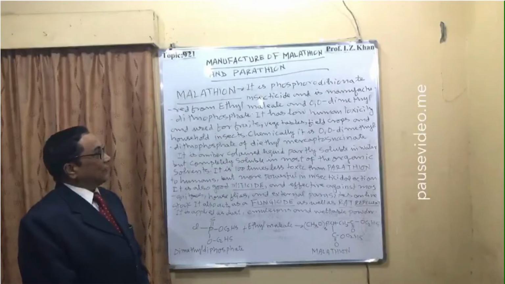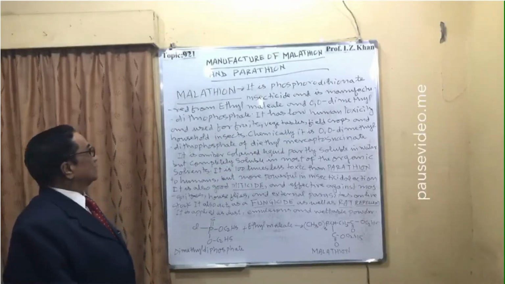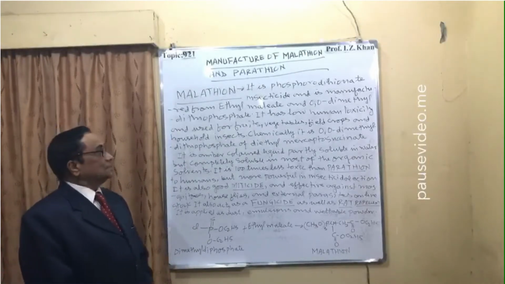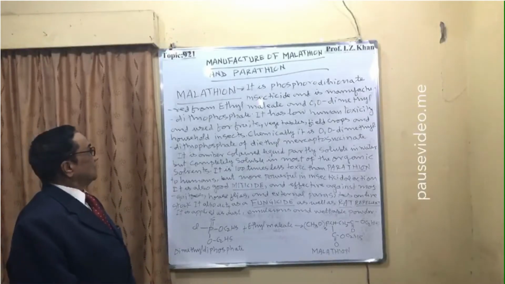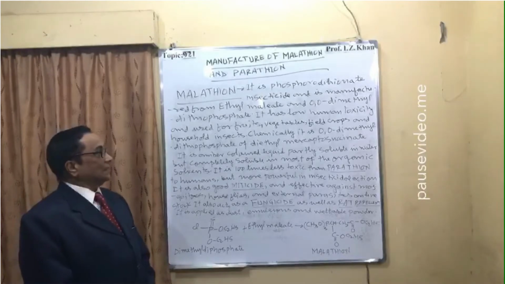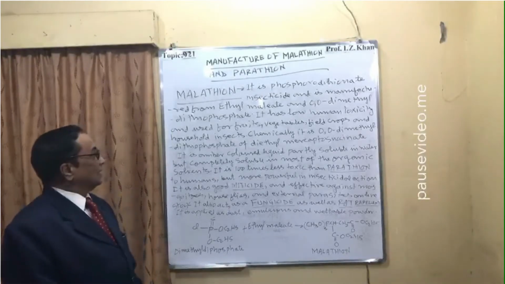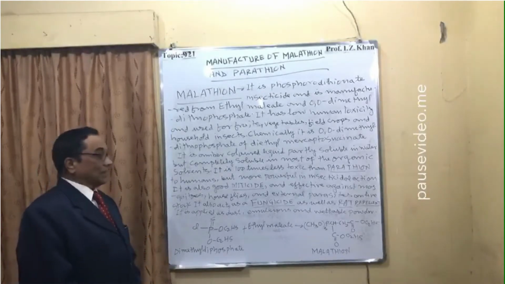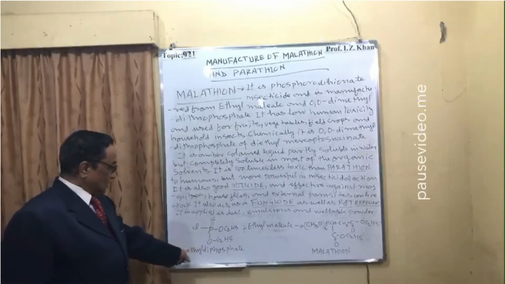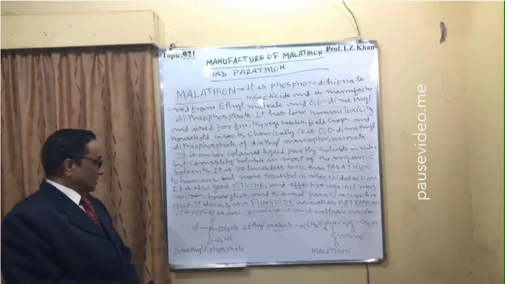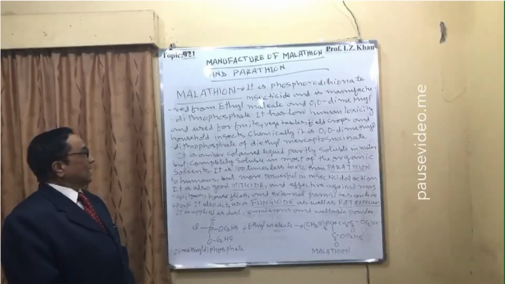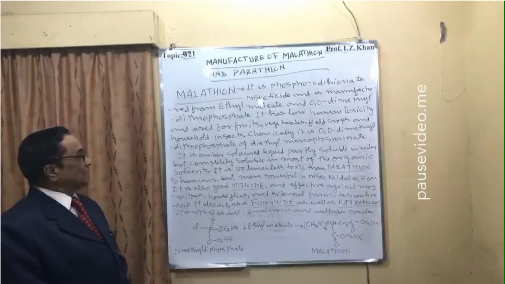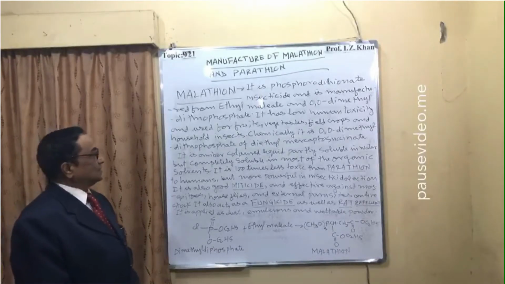It is a phosphorodithionate insecticide and is manufactured from ethyl maleate and dimethyldithiophosphate. It has low human toxicity and is used for fruits, vegetables, field crops and household insects.